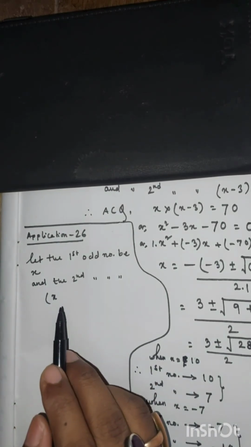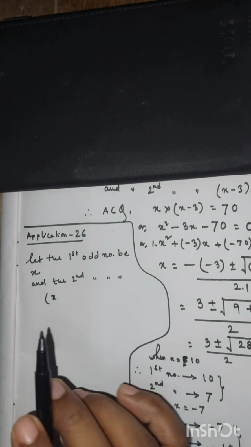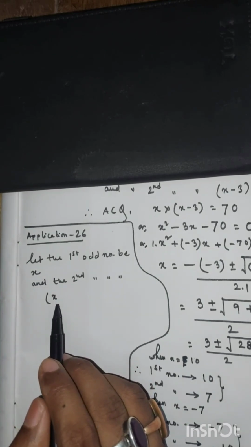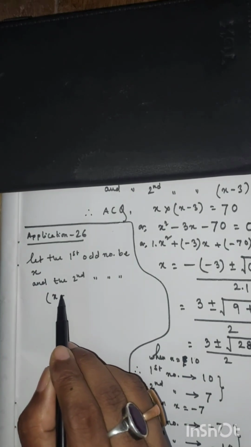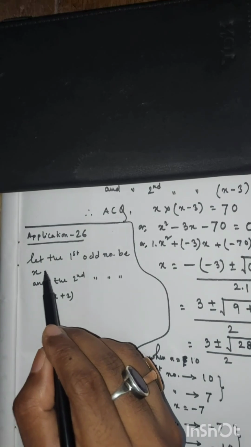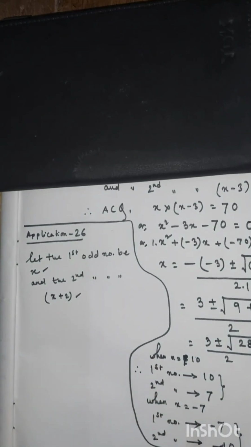If I do x plus 1, that will be an even number, but I need an odd number, that is why x plus 2.